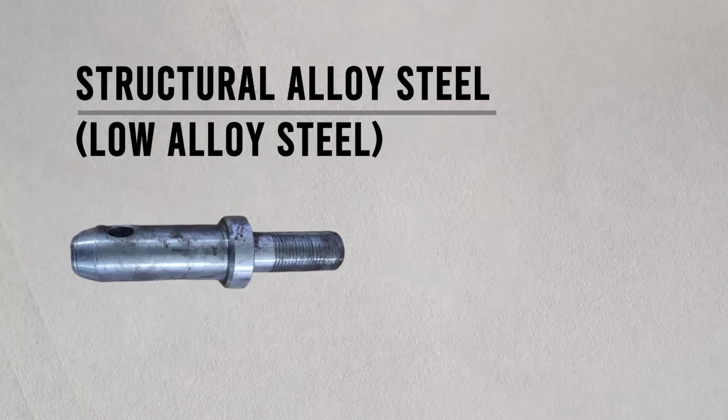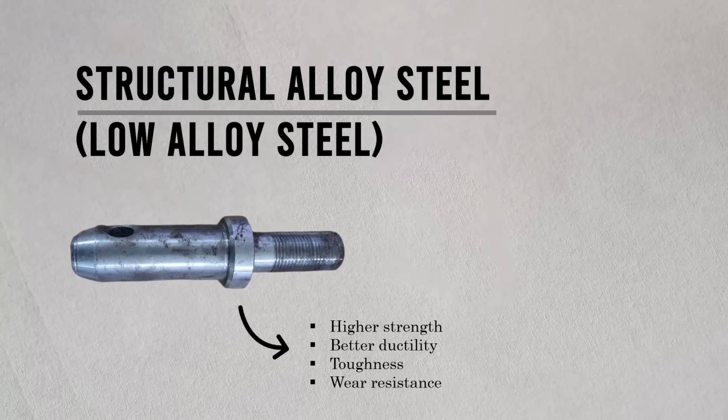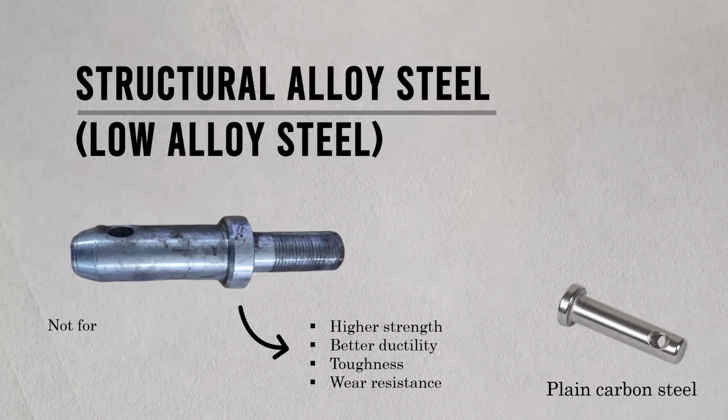So first we have structural alloy steel, or low alloy steel. This is the steel we use where parts need higher strength, better ductility, toughness, and wear resistance than plain carbon steel, but still cost effective. But not for extreme environments like corrosion or high temperature, just strong, reliable, and economical.